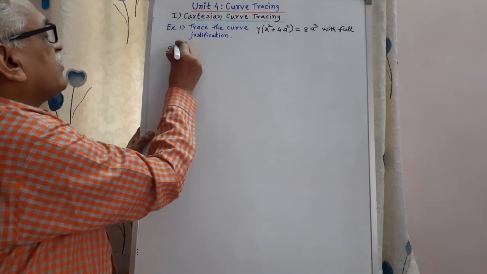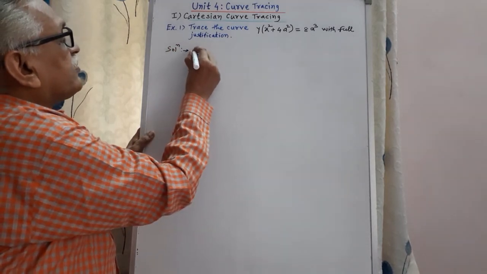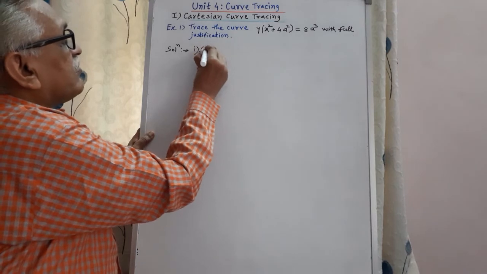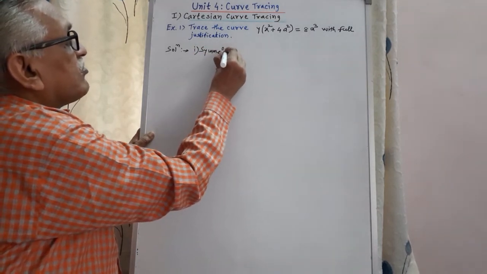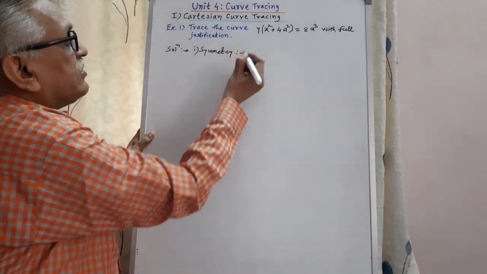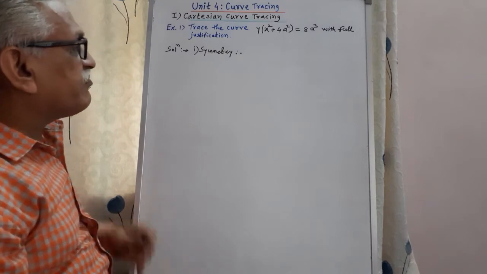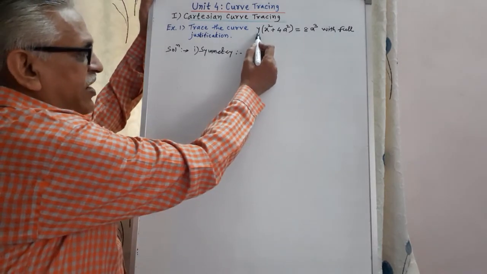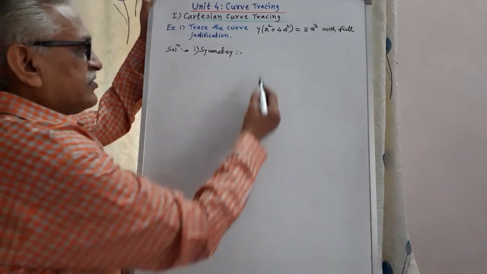Therefore, applying that 5 points procedure, first point, we have to check the symmetry. Out of that 4 symmetries, which one exists here? Here the power of y is odd, therefore curve is not symmetrical about x-axis.